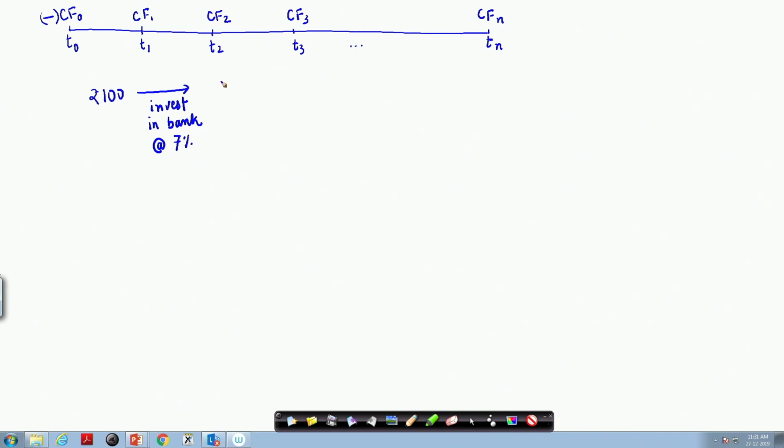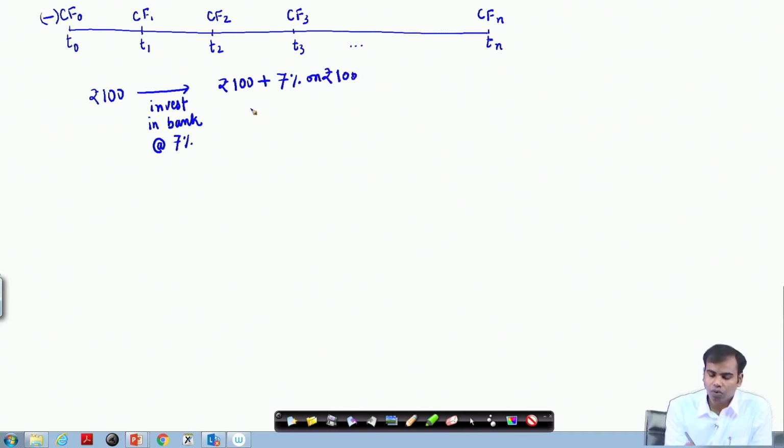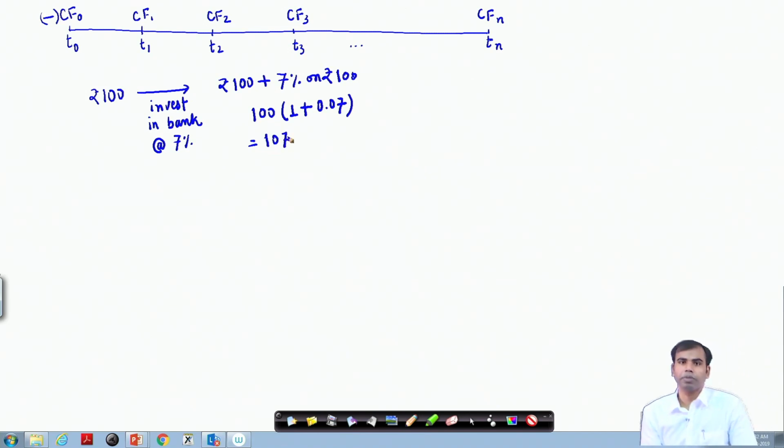So, after 1 year or one period, if that period is defined, you get 100 rupees of your money plus the interest that you are generating on 100 rupees, right. It is very simple. So, the amount of money that you are going to get is basically the amount of money that you have invested and the amount of money that you have earned as promised. So, basically you are going to get 107 in this case after one period.